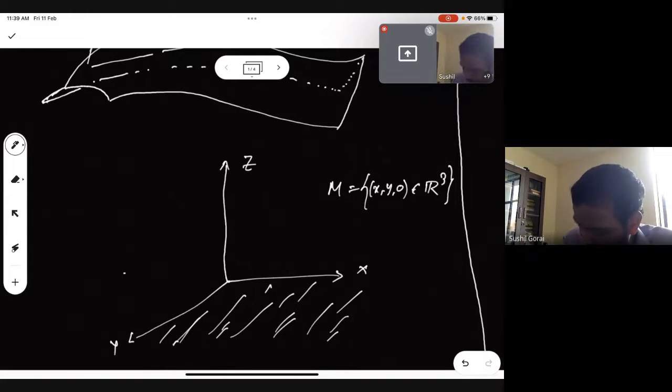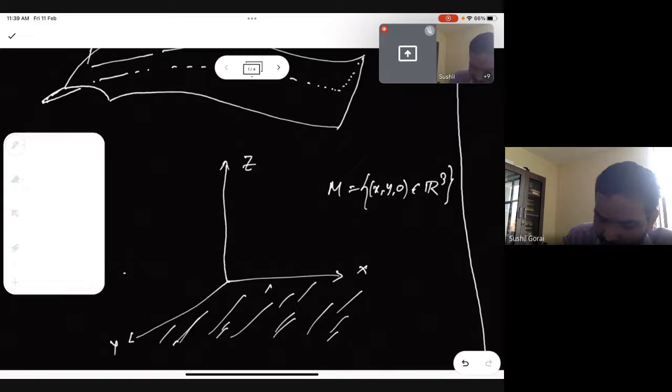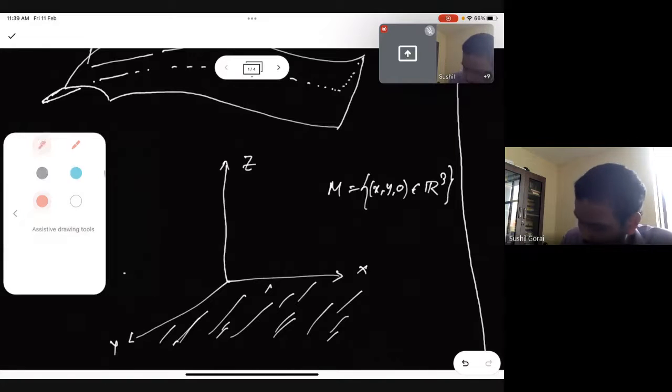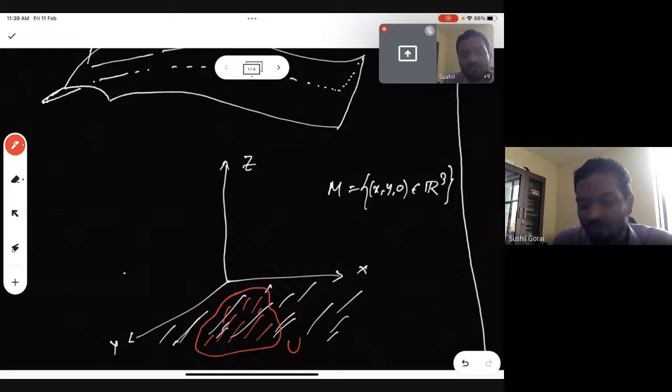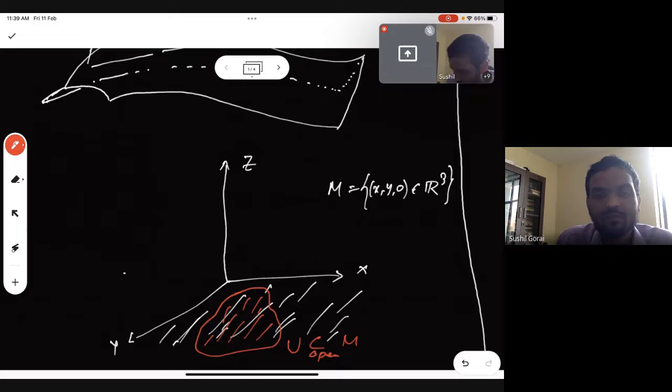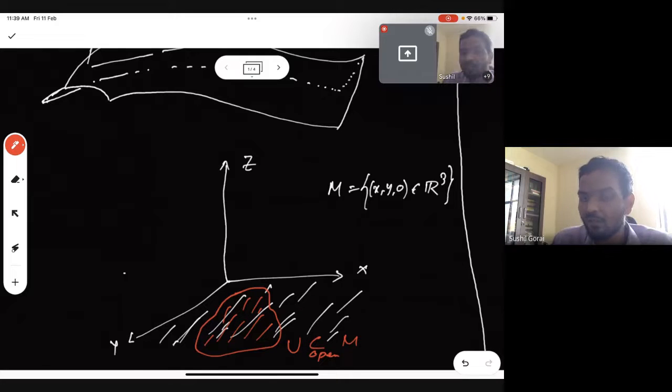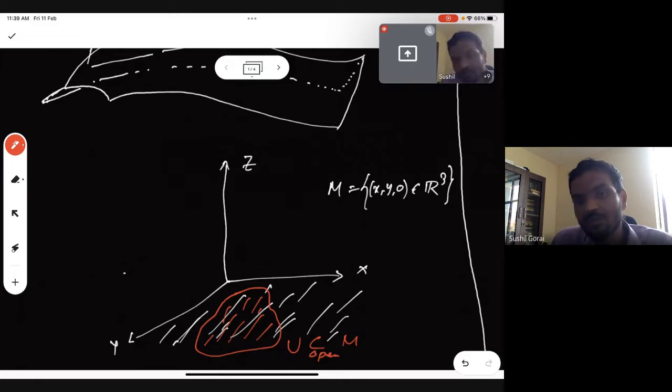If you are not comfortable with taking the whole XY plane, look at an open subset U open in M. An open subset of a smooth manifold is again a smooth manifold, that you already know by now.